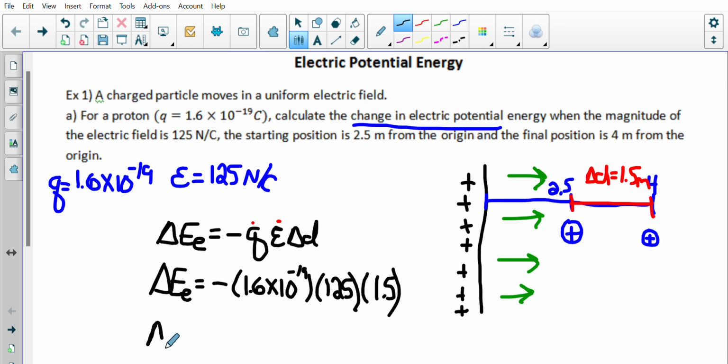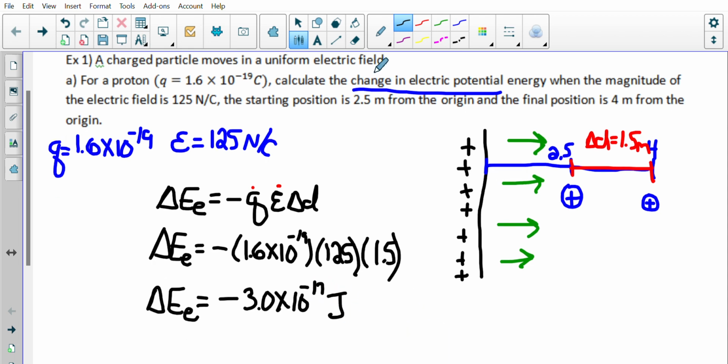All right, so if I get in my calculator and multiply them, first of all, I got a negative times a positive times positive times positive. It's going to be a negative sign. And what I get here is a very small number, negative 3.0 times 10 to the power of negative 17. And again, we're talking about energy, and so it is joules.